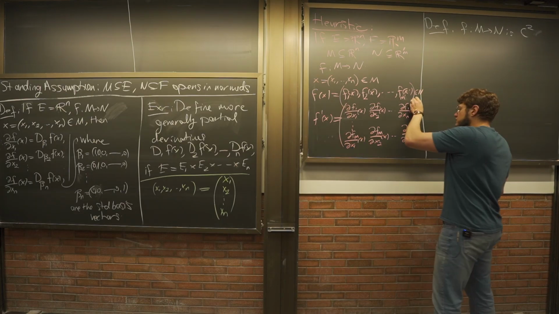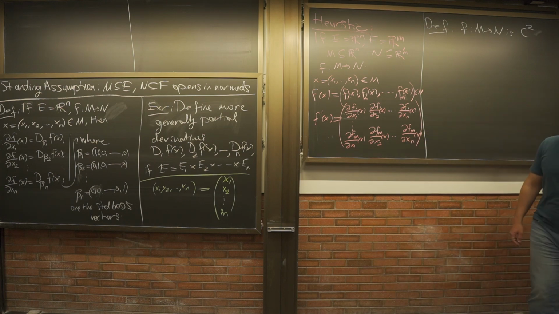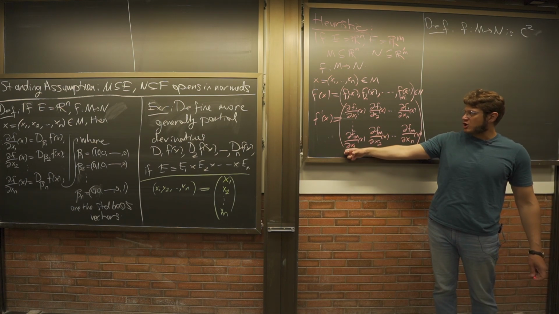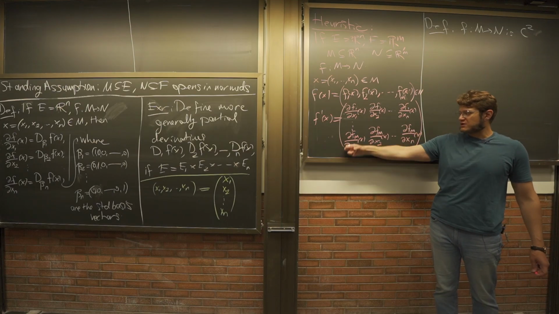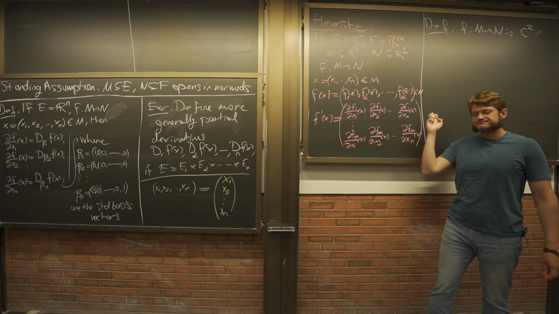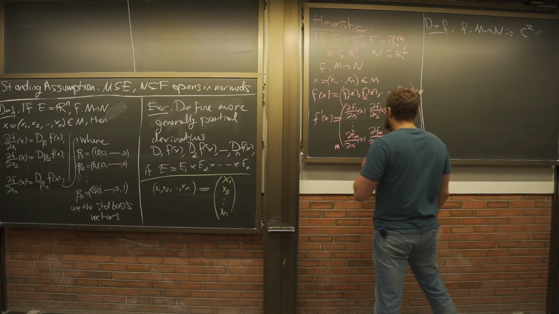Okay. Give me this matrix. And so ultimately, what do we have here? We have m rows, m components correspond to m rows, n partials correspond to n columns. It's going to be an m by n.